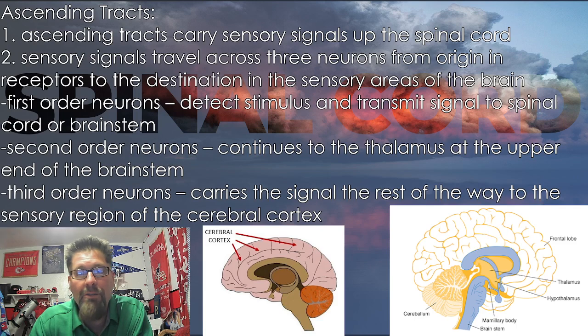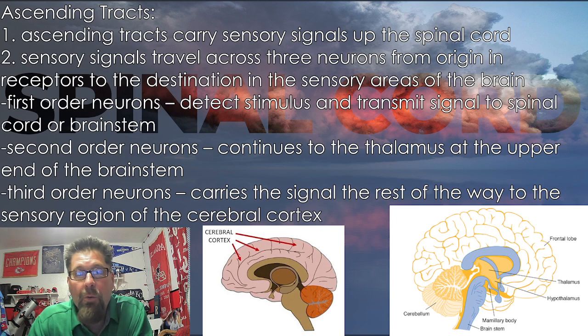So if you think about traveling from Nevada to Kansas City, you could call Nevada to Harrisonville the first order, Harrisonville to Belton the second order, and then on into Kansas City could be the third order. In other words, it's just a section of the pathway. It's not a reference to a type of neuron.